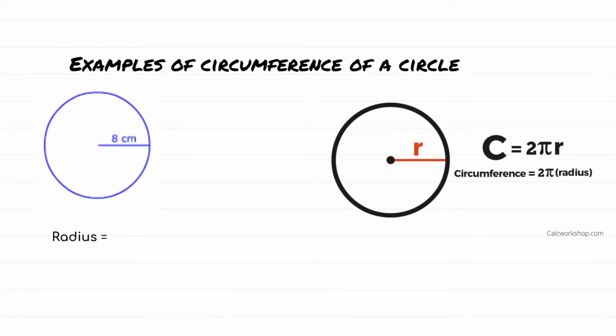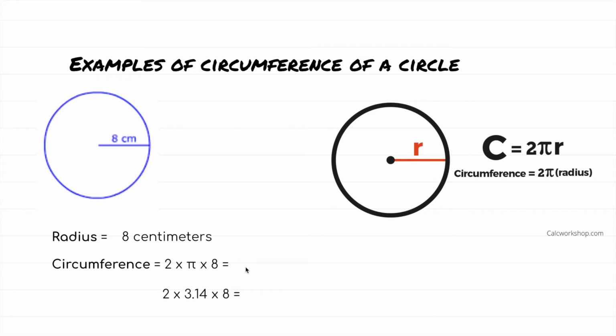So for this problem, the radius is 8 centimeters, since this line is going from the center of the circle to the circumference. This means that the circumference will be 2 times pi times 8, or 2 times 3.14 times 8.